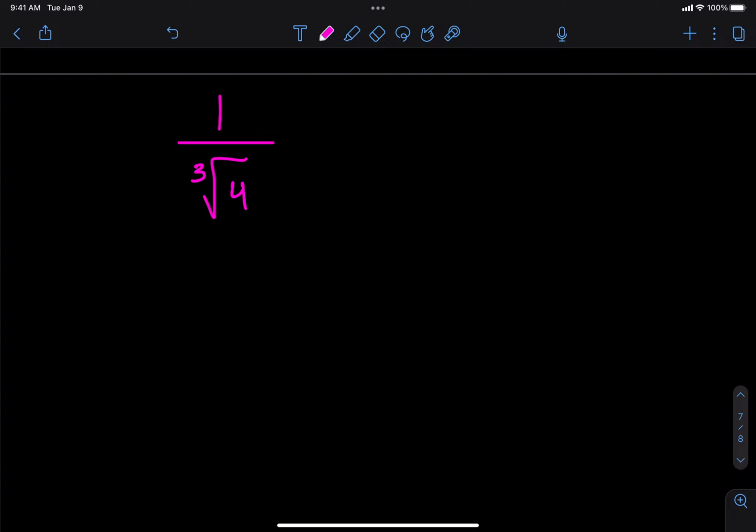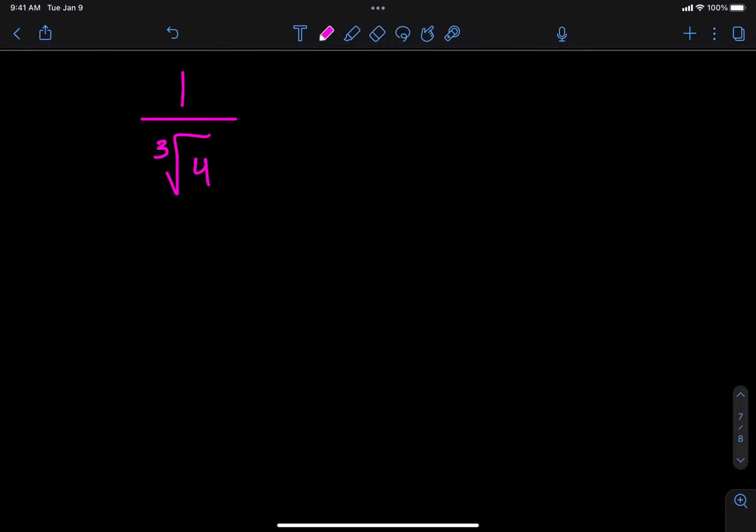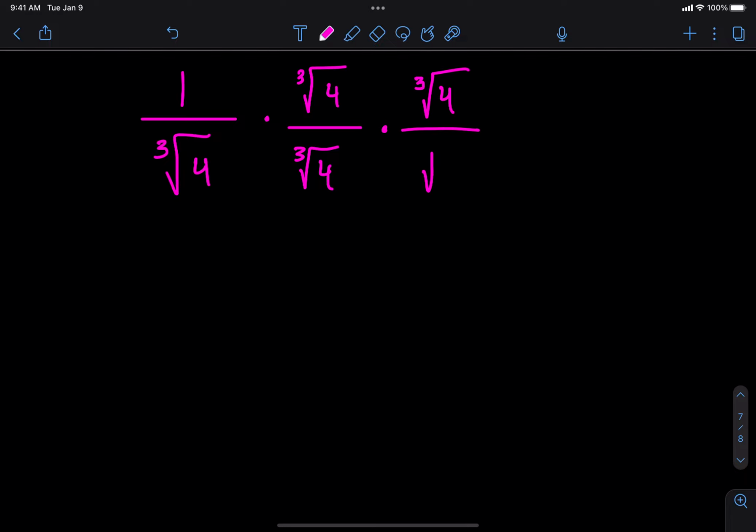Okay, so the question is, how do I rationalize the denominator when I have a cube root instead of a square root? Or an nth root instead of a square root? Well, what I need to do is multiply the top and bottom, not just by the cube root of 4, but I actually need to do that twice, and here's why. What I need to do in the denominator is get rid of the root, which is a cube root.